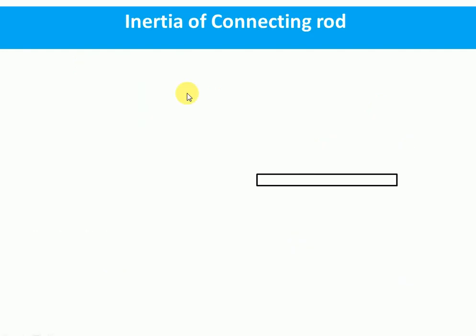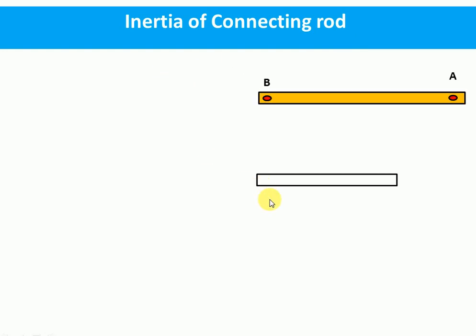Now next, let's start with inertia of connecting rod by considering dynamically equivalent system. Suppose we have a connecting rod AB having center of gravity at say G. The distance between AG is say small a, and the distance between BG is say small b.